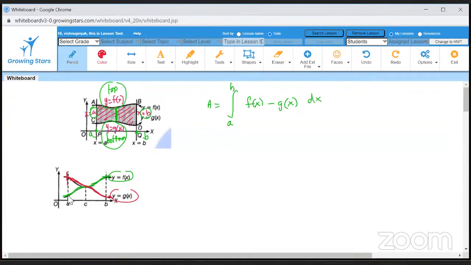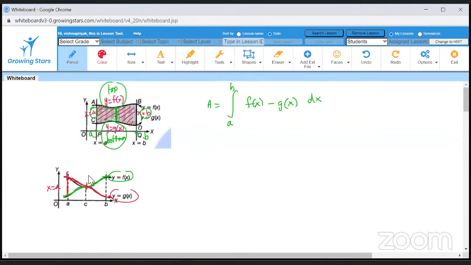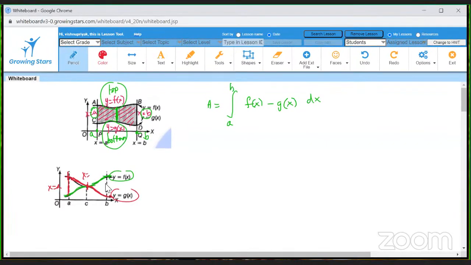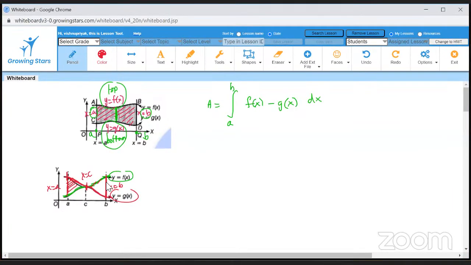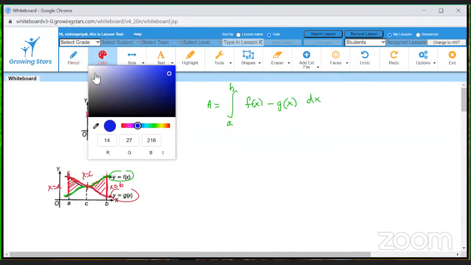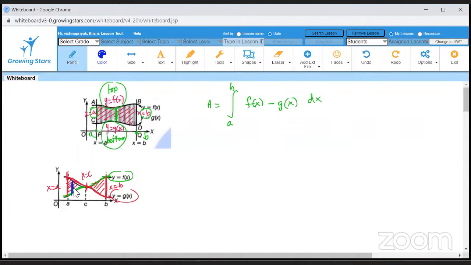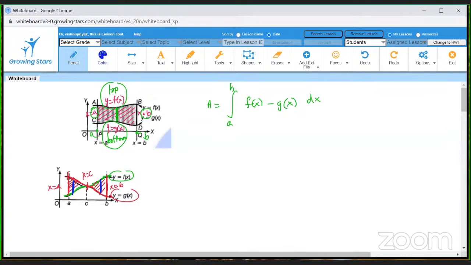And then you have x equal to a, here x equal to c, and here x equal to b. You have to find the area between the curves. So what will I do? Again, I will draw in this region one line perpendicular to the x-axis. In this region, one line perpendicular to the x-axis.